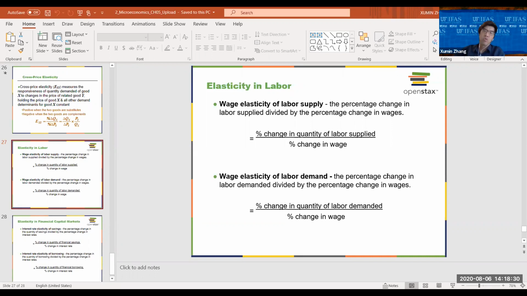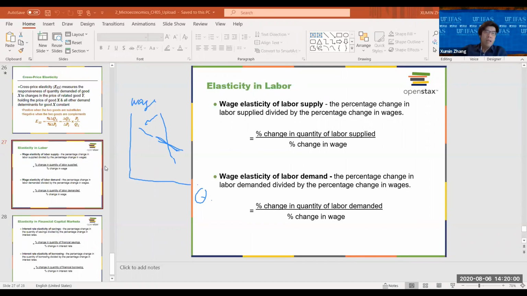Remember that we draw the demand and supply curve. I would say this is relatively inelastic. Why? Because the quantity, the jobs added or jobs lost, is comparatively stable. But it really depends on what industry, what field we are talking about.